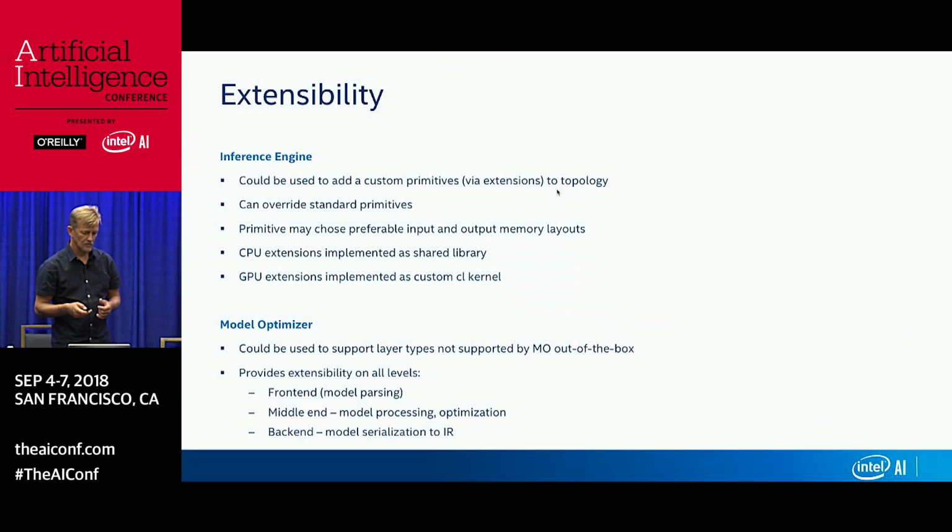For the inference engine, you can use custom extensions, for CPU or GPU, that add required support for missing operations or layers, or you can use these APIs to override existing operations. Let's say you have your own custom version of the ReLU operation and you'd like to replace the existing implementation. You can use the extensibility API to do that.